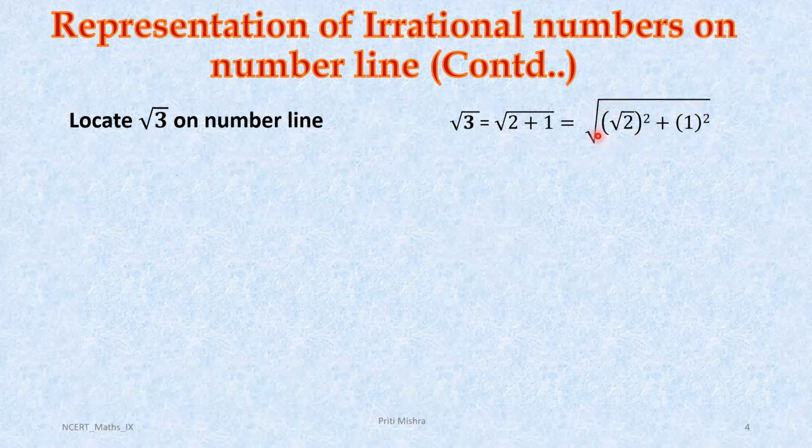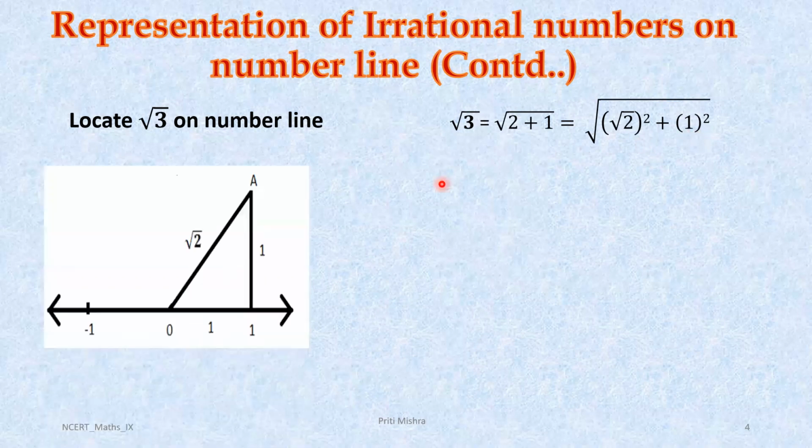Here you can see square root 2 is the base and 1 is the perpendicular. So now we will draw a right angled triangle having base square root 2 and perpendicular 1. I explained that we had square root 2 as the hypotenuse when we drew a right angled triangle having base 1 and perpendicular 1.